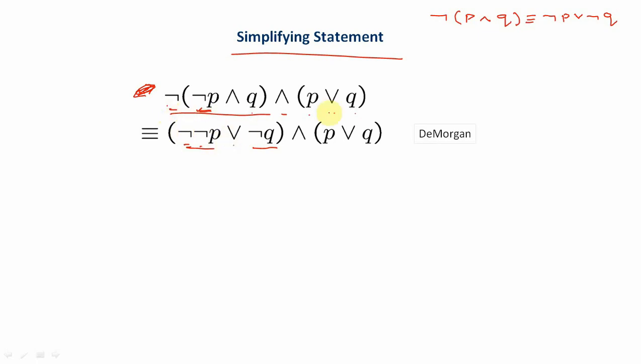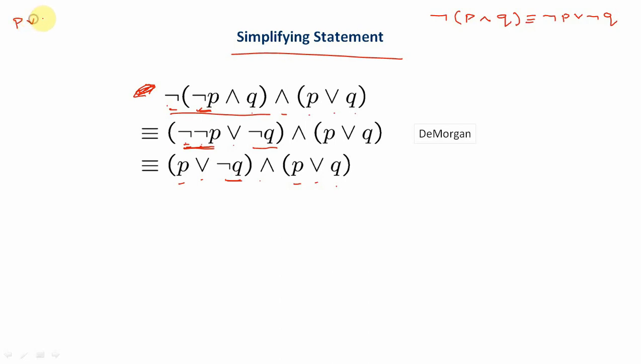Next I apply the involution law. If you remember, what was the involution law? The involution law was negation of negation P is equivalent to P itself. So I have P or not of Q, and P or. Next, we are going to use the distributive law. If you remember, what was the distributive law?